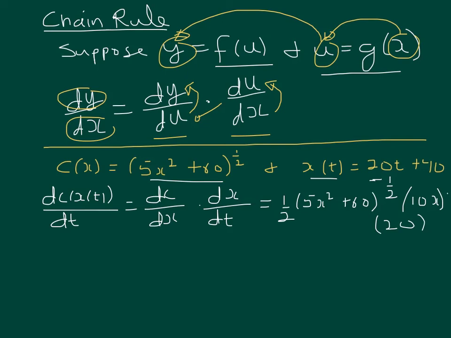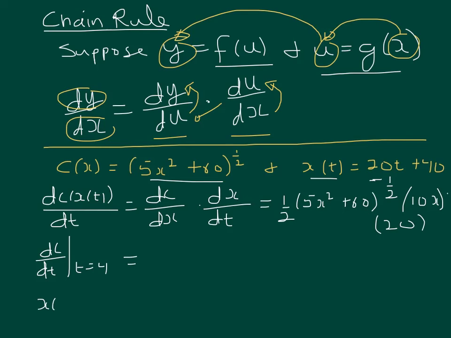Now suppose the problem says what is the rate of change of cost after 4 months of production. So in this problem, what we do is, first of all, we find out what is the x.